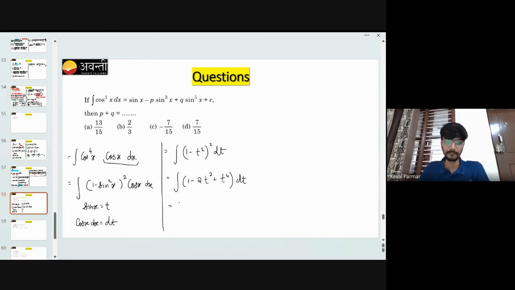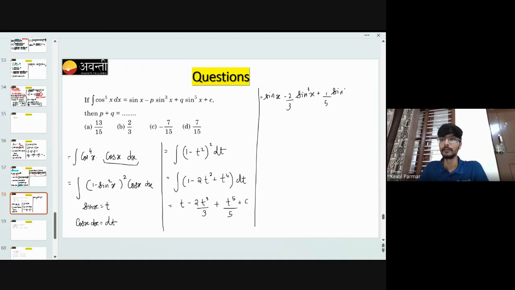What is the integration? t minus 2t cube by 3 plus t raised to 5 by 5 plus c. Now if I resubstitute t, what was t? It was sin x. So this is equal to sin x minus 2 by 3 sin 3x plus 1 by 5 sin 5x plus c.